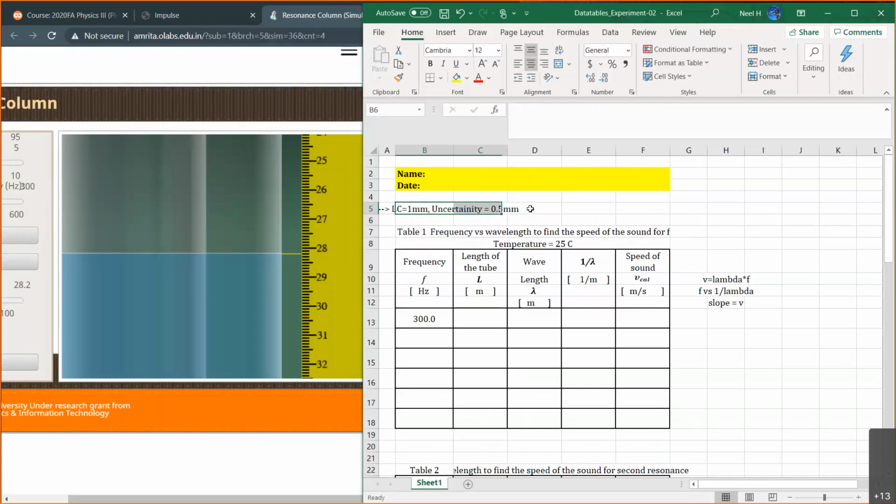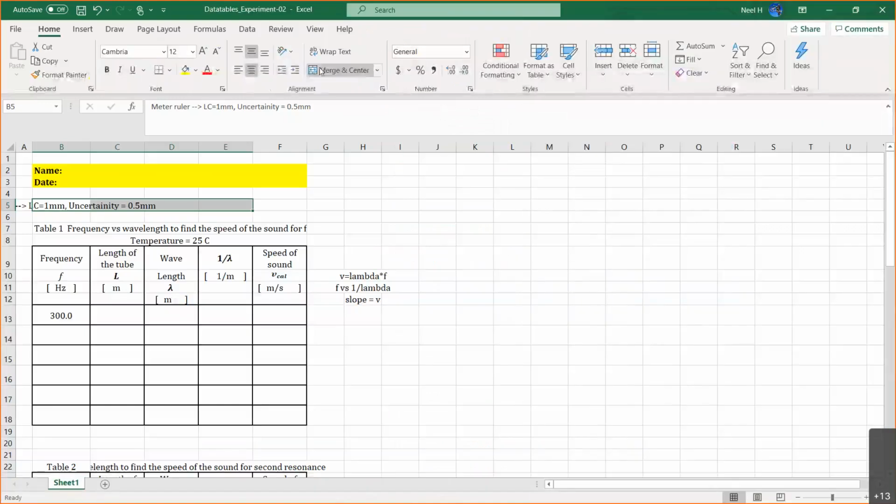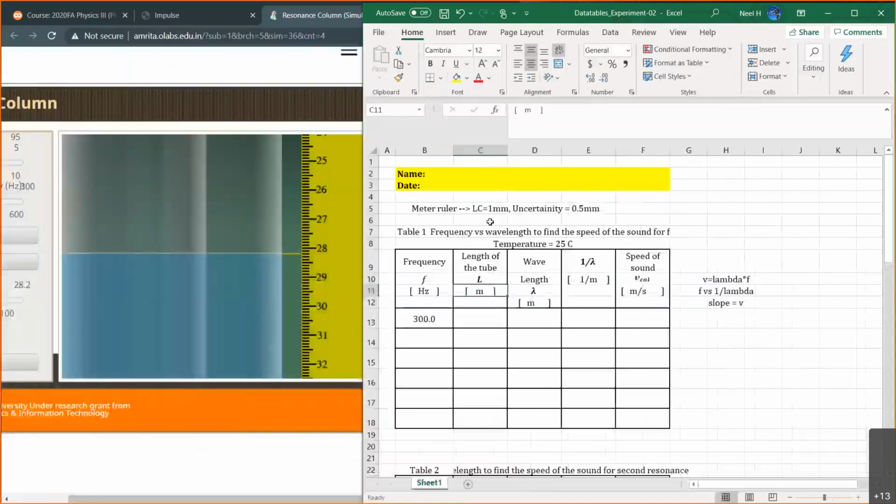So technically, if you're measuring anything with the meter ruler, in Physics 1 you discussed this in detail, you have to show that accuracy, right? So in terms of meters, I can go 3 decimal places, that is the least count. I can actually add one more 0, 4 decimal places, okay, to show the accuracy.